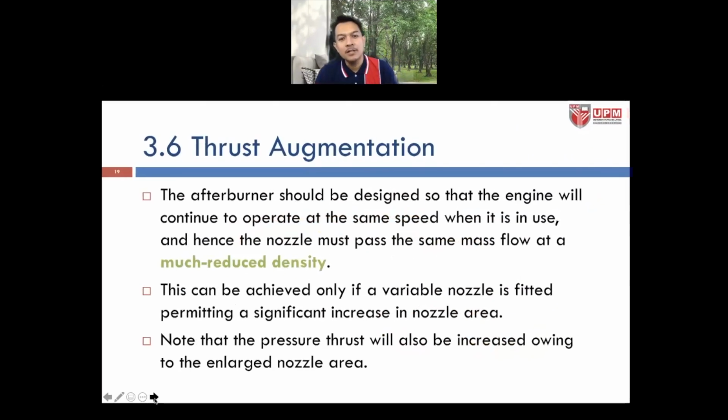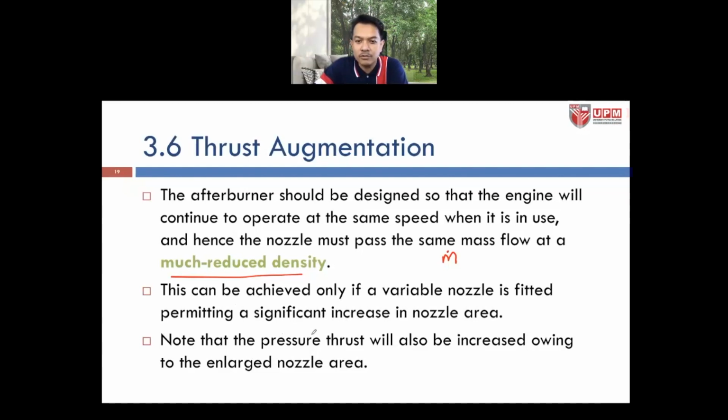The afterburner should be designed so that the engine will continue to operate at the same speed when it is in use, and hence the nozzle must pass the same mass flow. So you have the same mass flow at a much reduced density. This can be achieved only if a variable nozzle is fitted, permitting a significant increase in nozzle area.